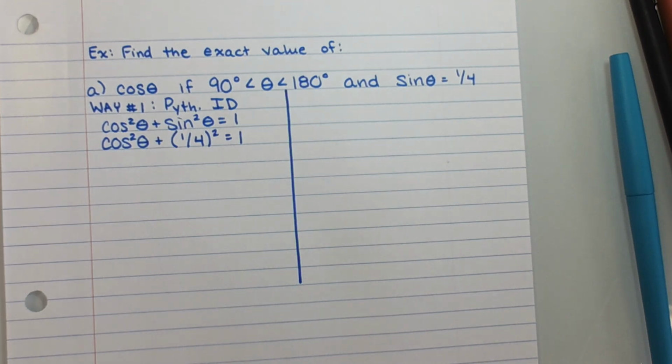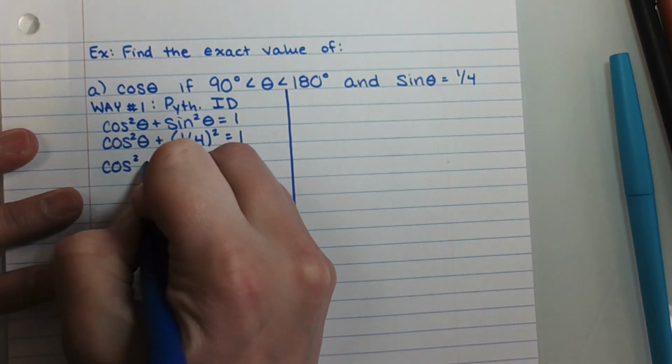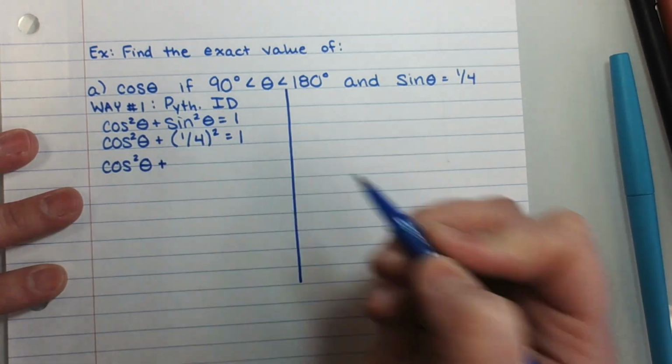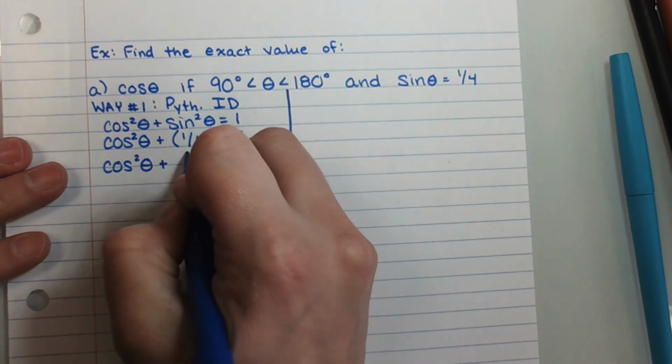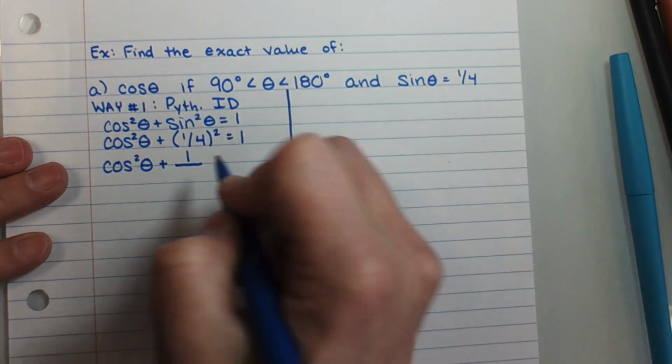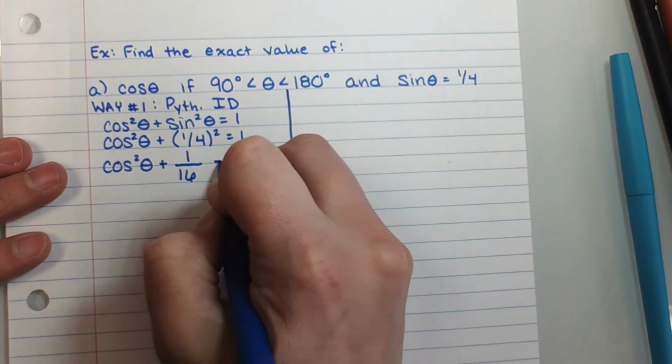What is 1/4 squared? How do you square a fraction? Square the top, square the bottom. What's 1 squared? What's 4 squared? 16.